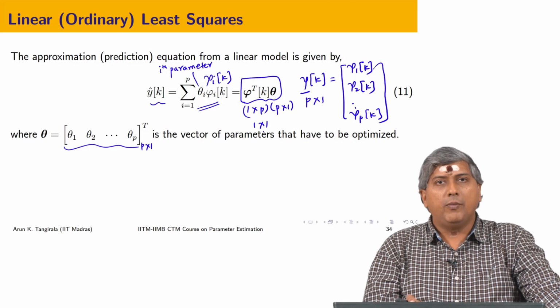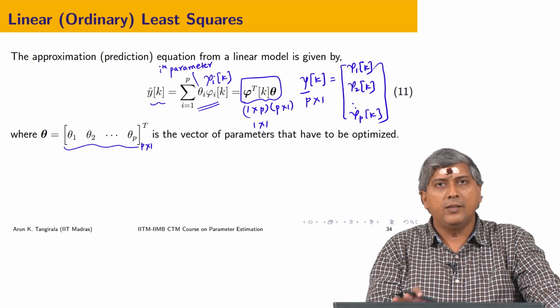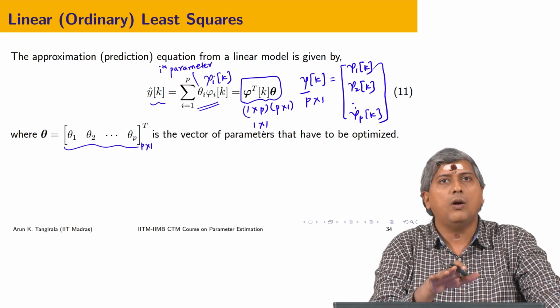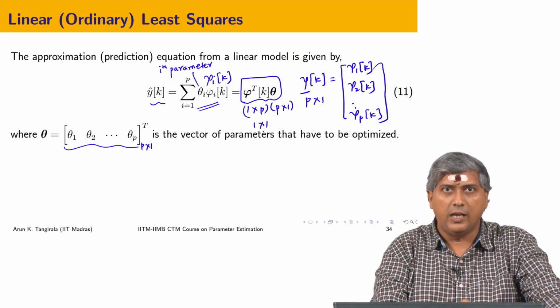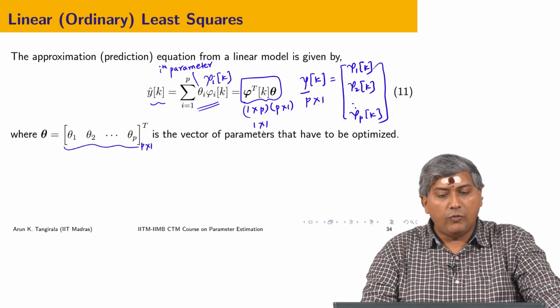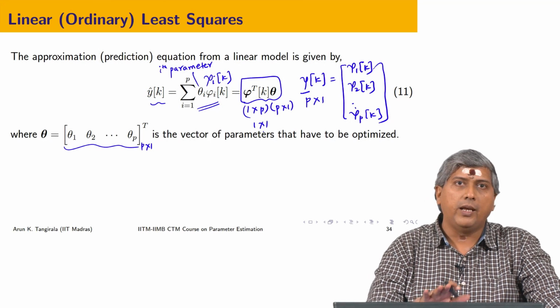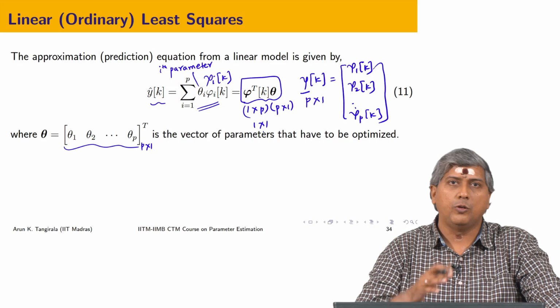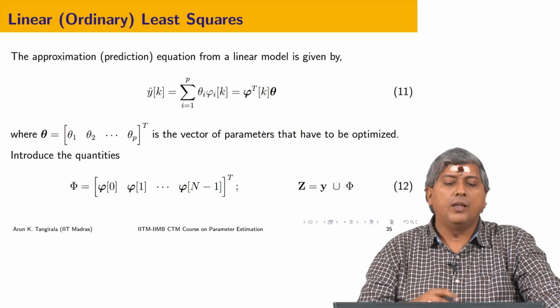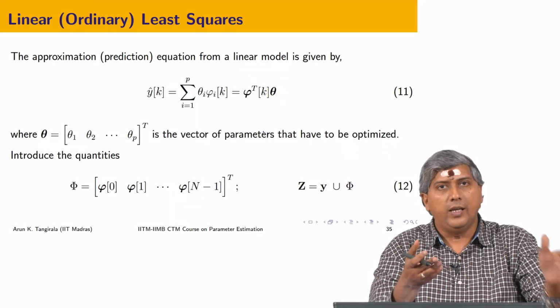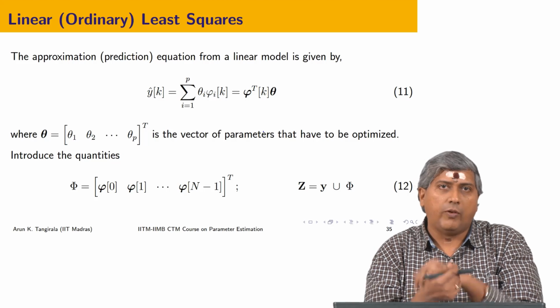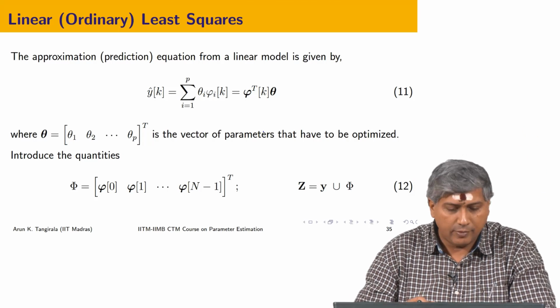So, now what is the problem in hand? The problem in hand is that given this is how I am going to approximate y, that is using a linear function, find your thetas or determine your thetas, or you can say optimize your thetas such that the y hat is at a minimum distance from y over your n observations.